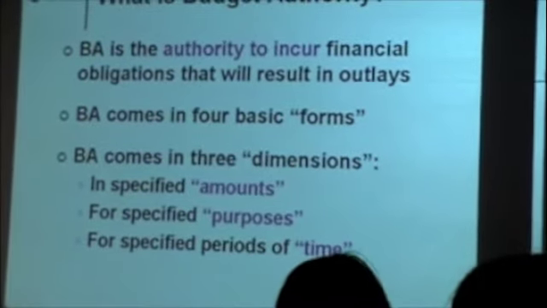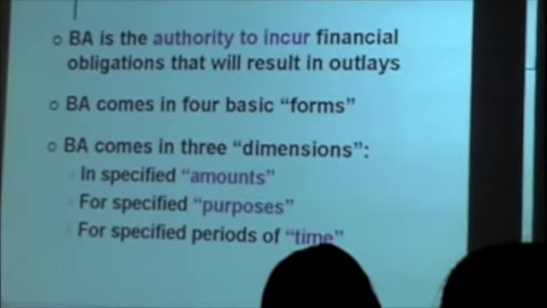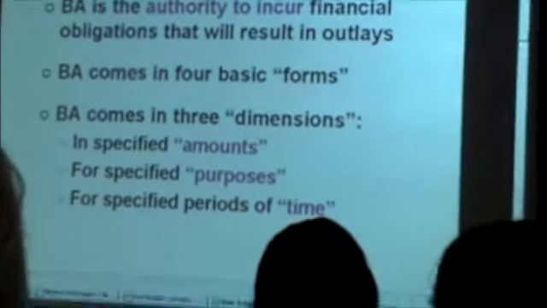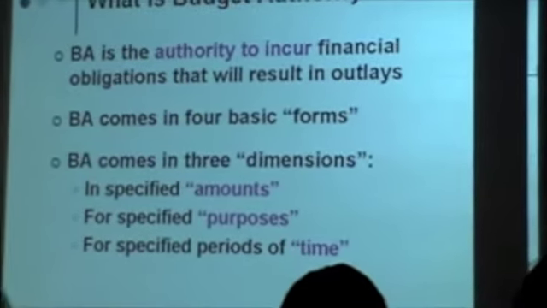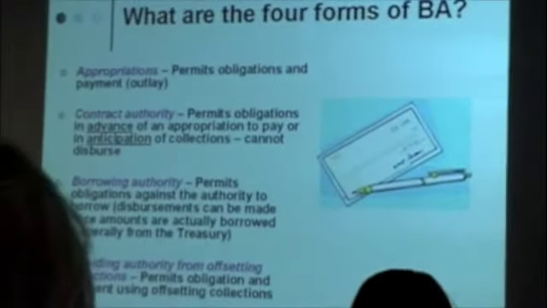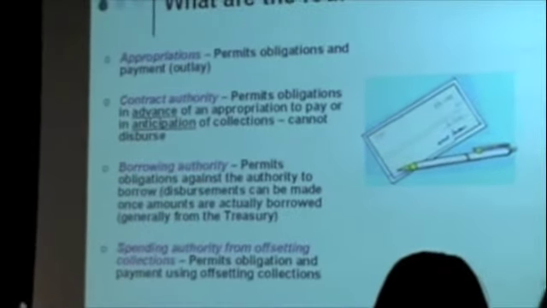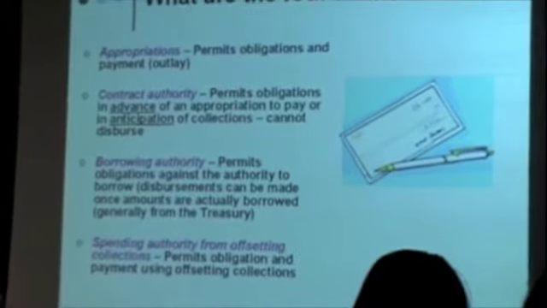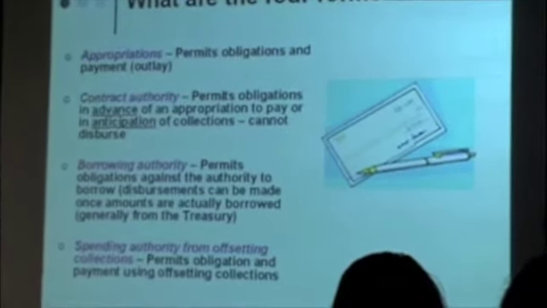BA comes in 3 dimensions: specific amounts, for specific purposes, and for specific time periods. What are the 4 forms of BA? One is appropriations. Appropriations permit obligation and payment or outlay of money.